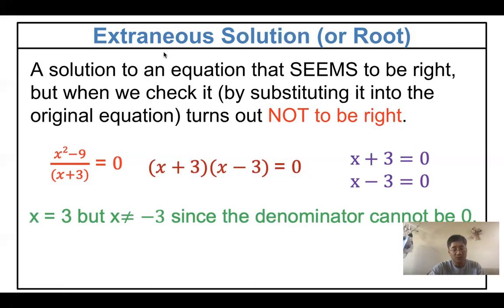So we should reject x equal to negative 3. So the only solution is x equal to 3. All right? In this equation, only x equal to 3 is the solution. Negative 3 is not. That's an extraneous solution, we should reject it.